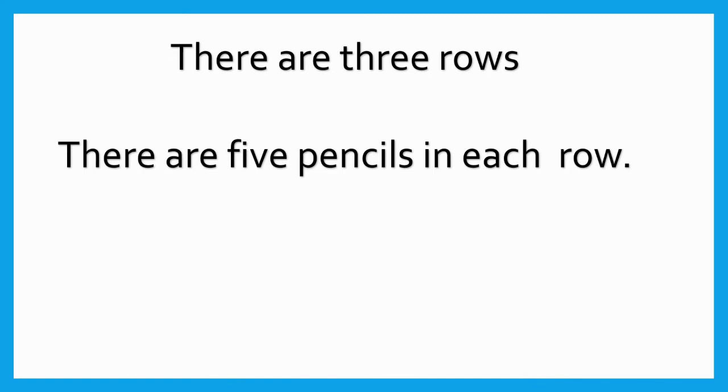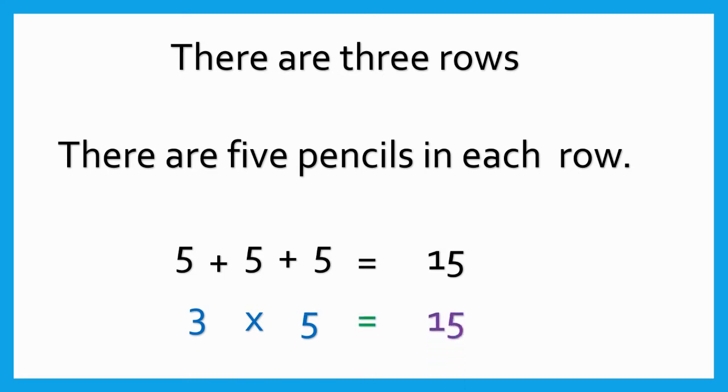That is 5, add more 5, add more 5 equal to 15. So 3 into 5 equal to 15, means 3 rows, 5 pencils in each row, equal to 15 pencils in all.